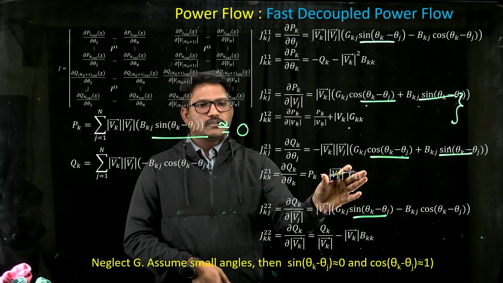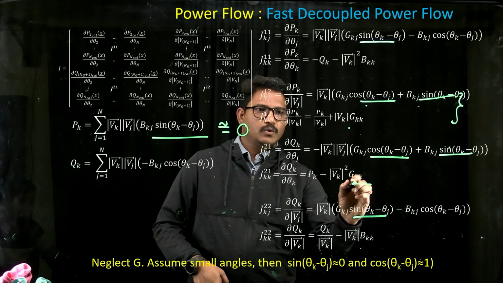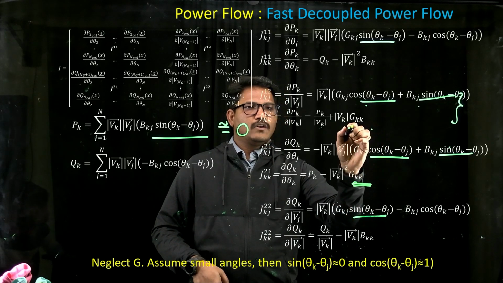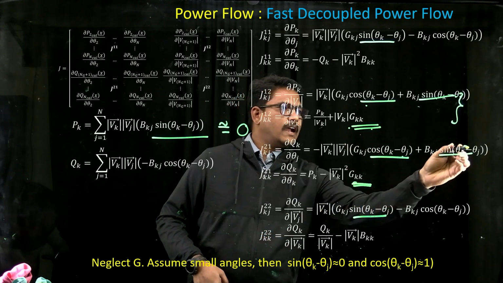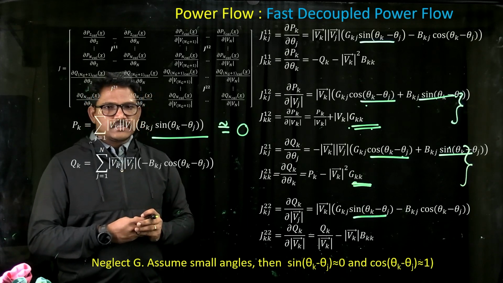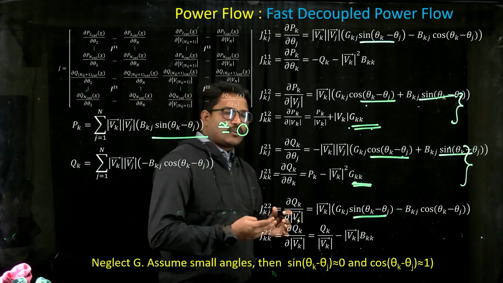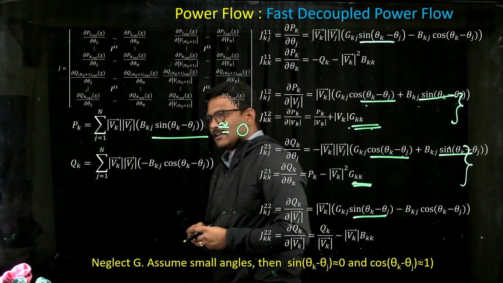In the diagonal also you have a PK, which is also considered to be neglected, because the second value is GKK, and here also you have GKK, so that is anyway being neglected. So now you see that the off-diagonal Jacobian matrix elements are close to 0 when you consider that the conductance is neglected and angles are smaller.